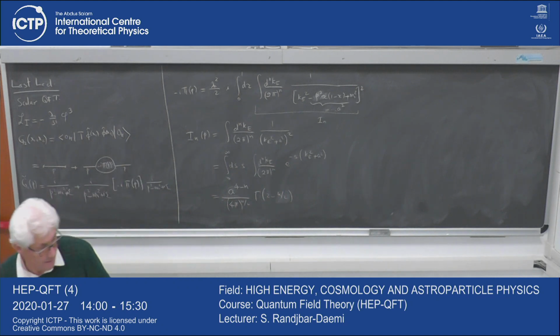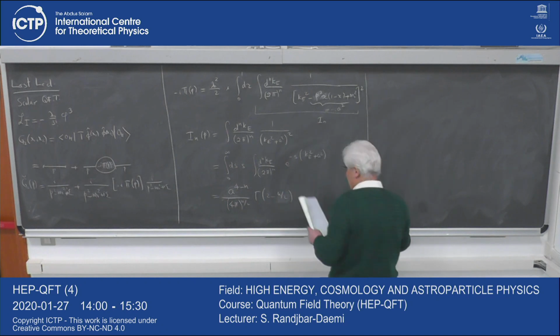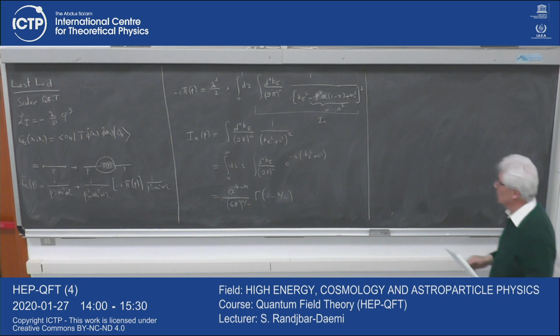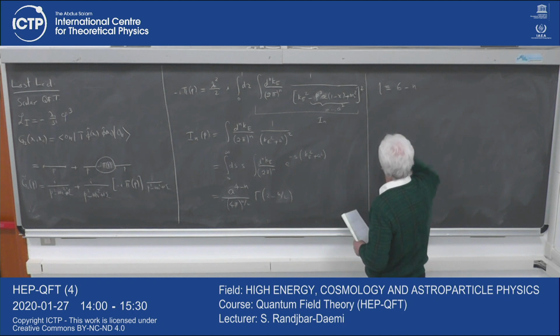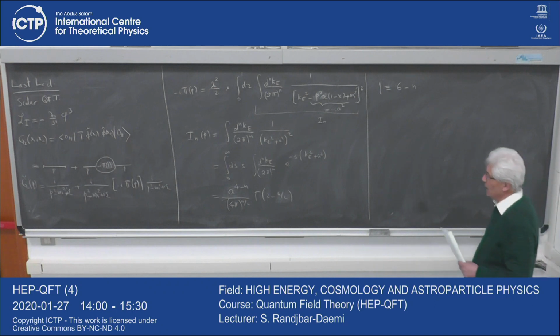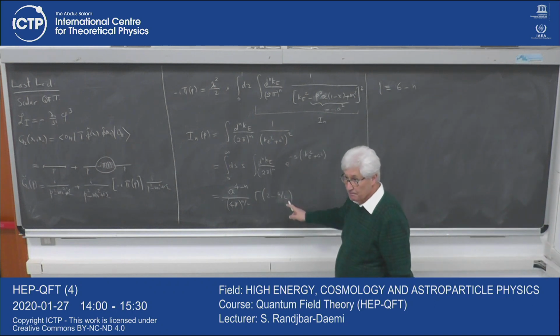Since we are interested in this particular case of n equals 6, we introduce a parameter eta, which is defined to be 6 minus n, and then write everything in terms of eta instead of n.